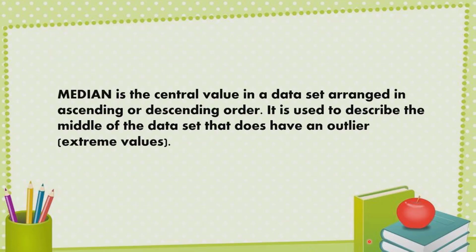The median is the central value in a data set arranged in ascending or descending order. It is used to describe the middle of the data set that does have an outlier or extreme values.